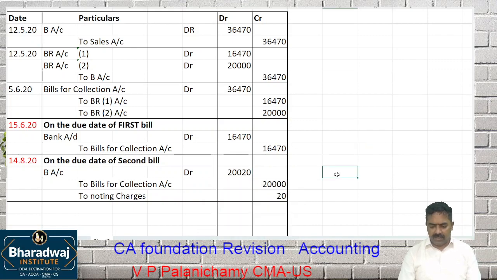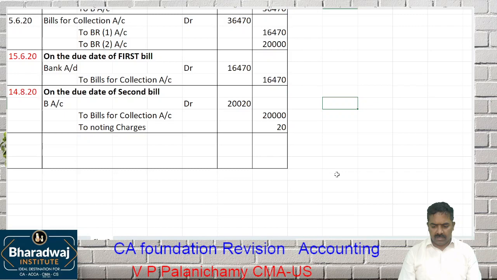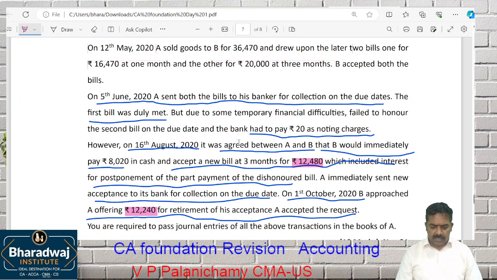So second bill, a small calculation. Second bill's total amount is how much? 20,020. See how much cash payment he makes immediately: 8,020.